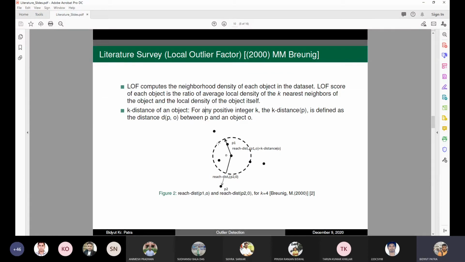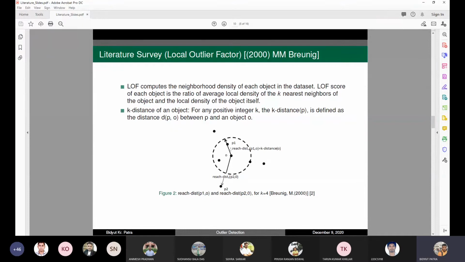Let us first understand what k dist is. Now we consider the k dist of a point. Let's say we are considering the k dist of a point P1 with respect to point O. When we are talking about k dist, it should be with respect to some other point.